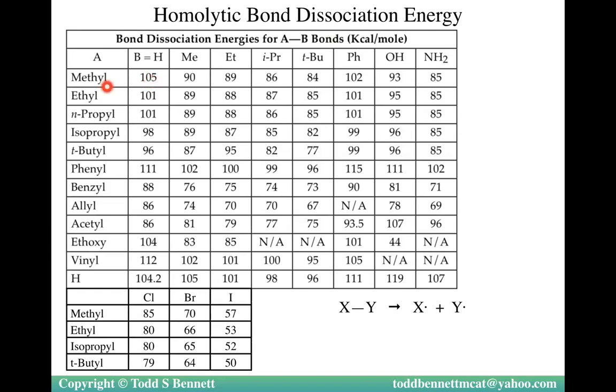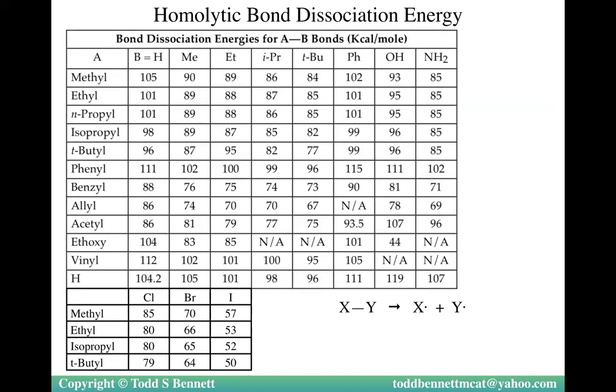So the table reads as follows: CH3, a methyl group connected to an H, 105. CH3 carbon-carbon bond, so CH3 connected to another CH3, 90, to an ethyl group, 89. So hopefully you can read across that way. Notice the anomalies when it's bonded to an sp2 aromatic carbon, or sp2 in a benzene ring. Energetics goes up, but outside of that, it's kind of the same for most of them.